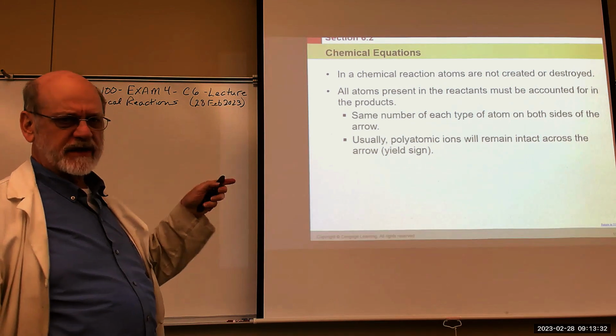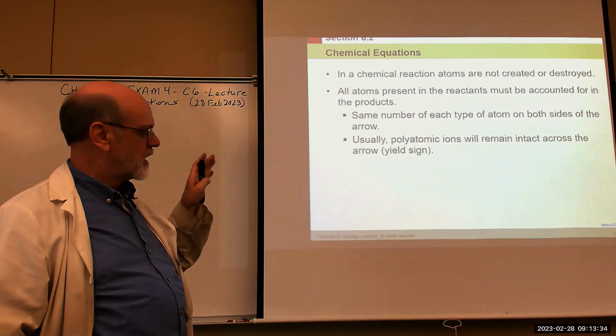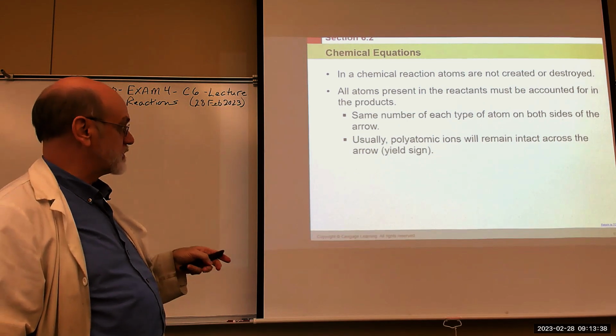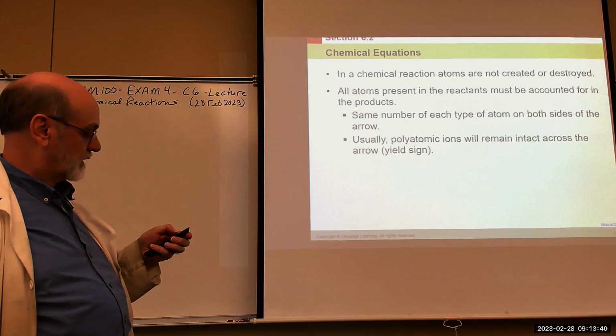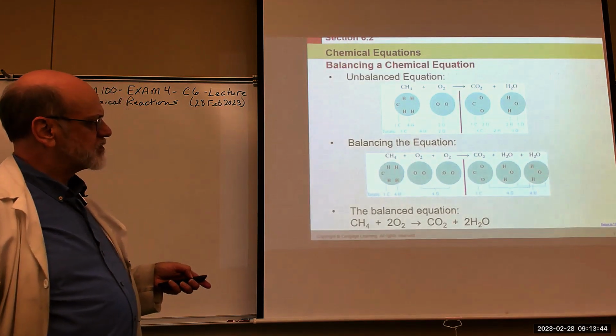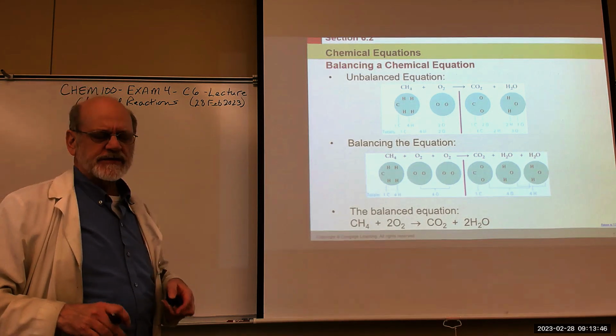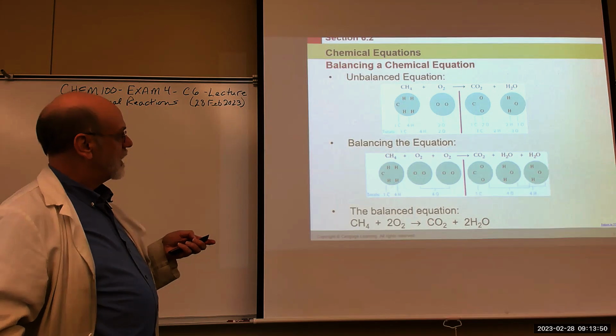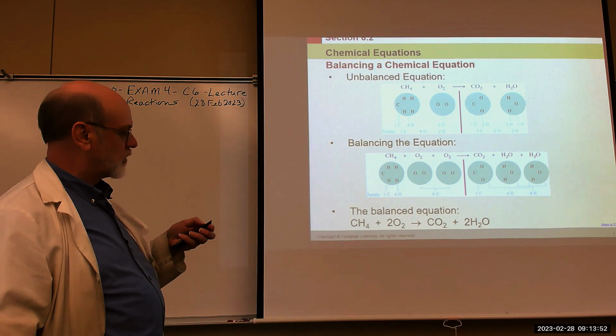We'll talk about polyatomic ions here in a minute, relative to the balancing equations. This is the publisher's, the author's idea of trying to make sense of what's going on.